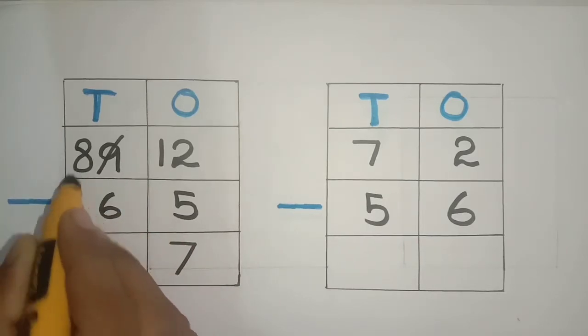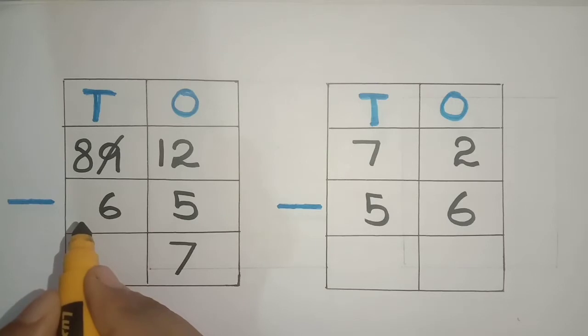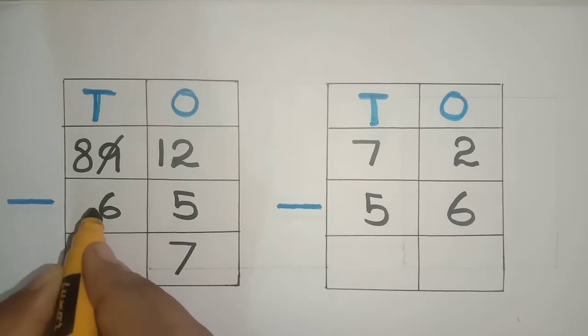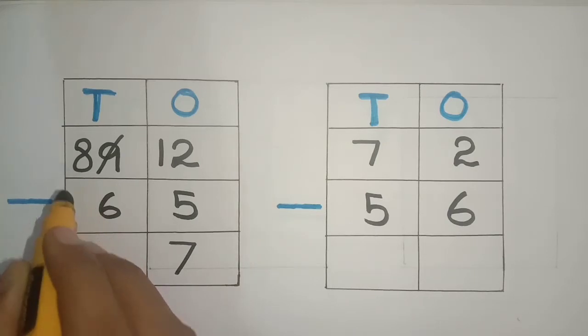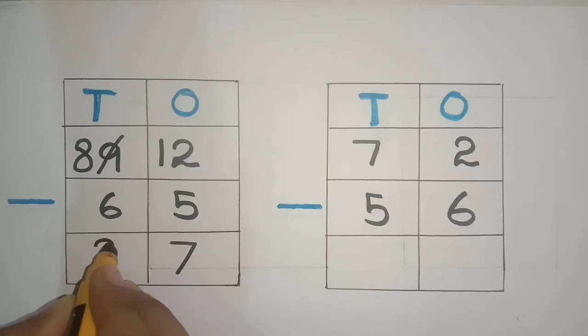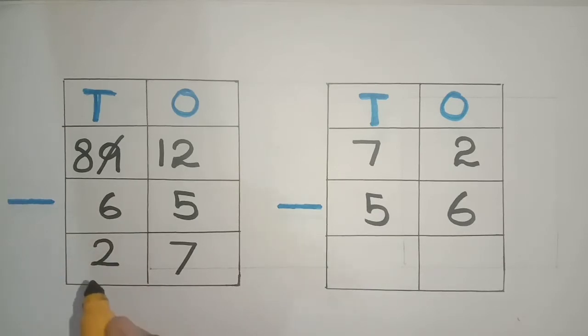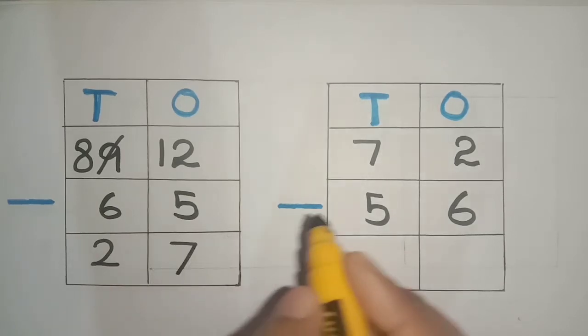Counting back 6 from 8: 7, 6, 5, 4, 3, 2. By subtracting 6 from 8, we got the answer 2. So what is the answer here? 27. Understand, children?